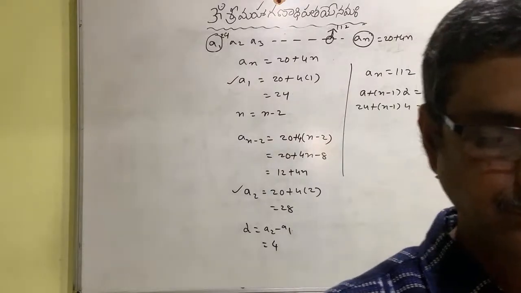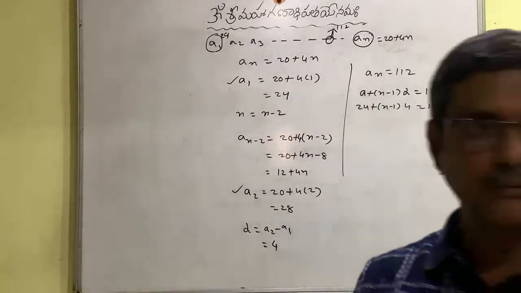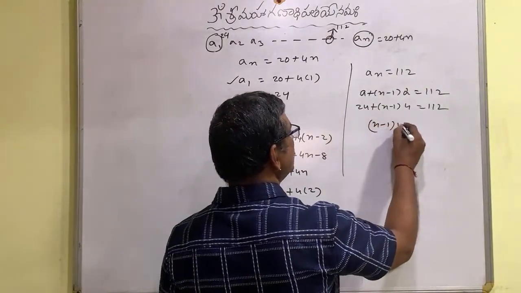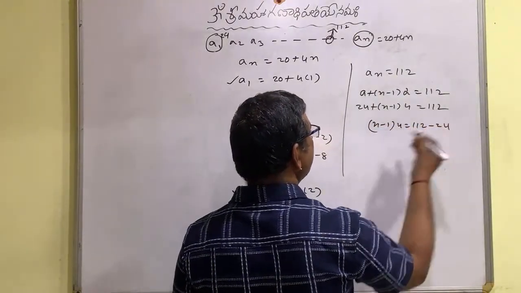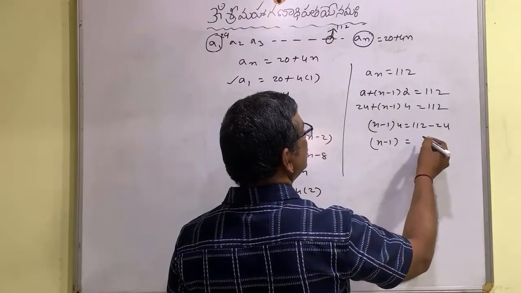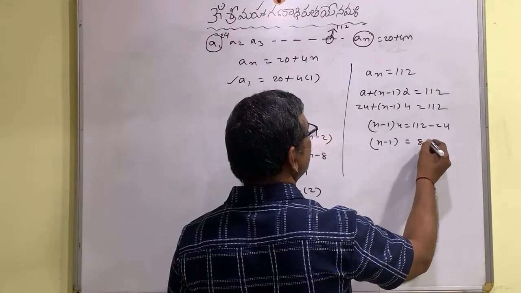n is 23, right? Let me see. 24 means, I think 86?